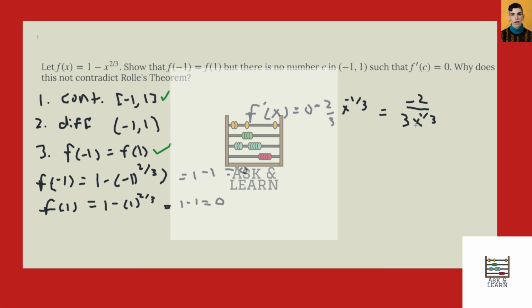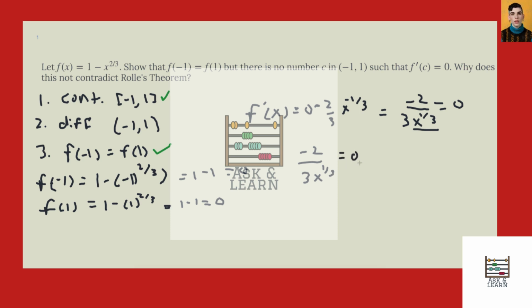And now there's actually something very interesting going on in this function. If you actually draw the function, the cube root of x, there is no value of x such that will give us 0. Even just looking at this function, negative 2 over 3x to the 1/3, we can't solve for x equals 0.